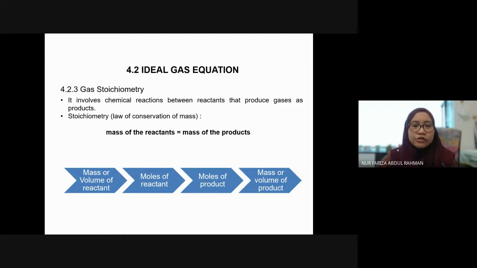Stoichiometry is when we can relate the product and reactant, product and product, reactant and reactant. We have the relationship that we normally obtain from the balanced equation. So we can connect or relate them. That is what we call stoichiometry.